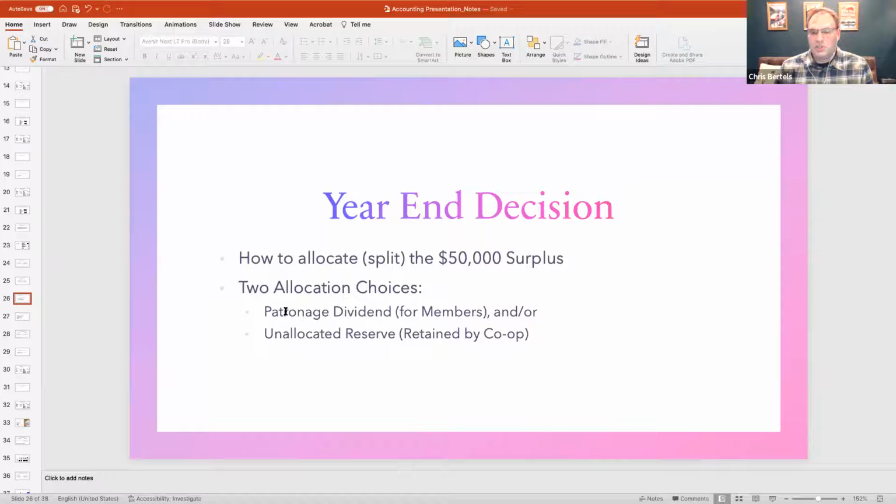A natural question is going to be, why not? Well, I don't want the co-op to retain any money. I want all 50,000 to go to the members. That seems like a very logical question. And as we'll see later, there are a lot of considerations, and a lot of reasons why you would give some of the surplus to the co-op.